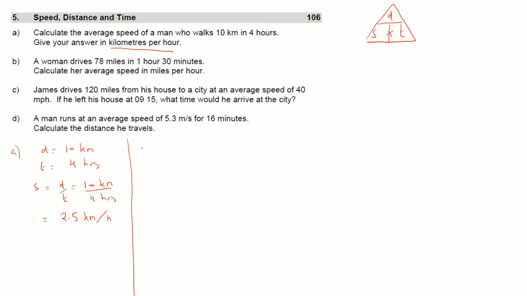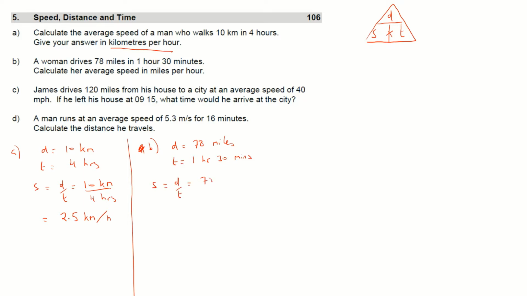Okay, let's do question B then. So this one, she drives 78 miles in 1 hour, 30 minutes. So the distance is 78 miles. And the time is 1 hour, 30 minutes. Find her speed in miles per hour.